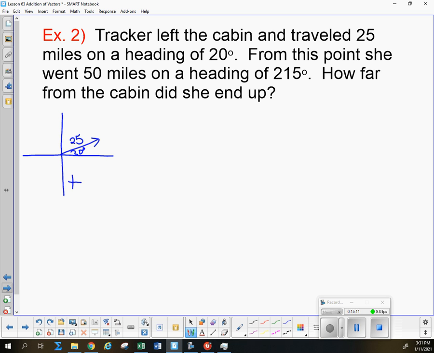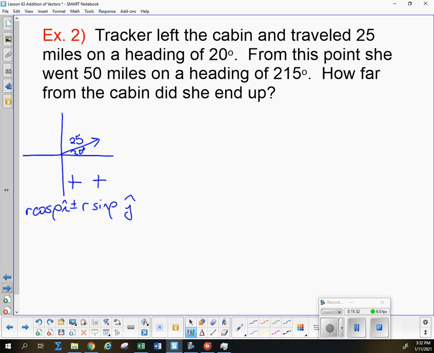That means this vector needs to be positive, positive. And with our shortcut, we know we can do r cosine of theta and then a plus or minus r sine of theta for the i-hat and j-hat respectively.